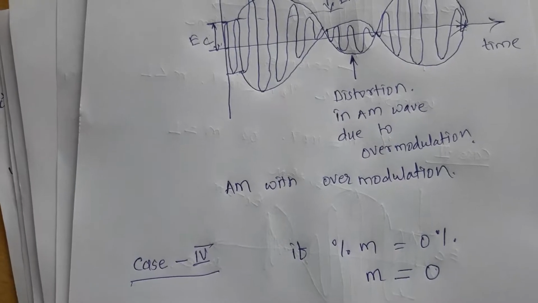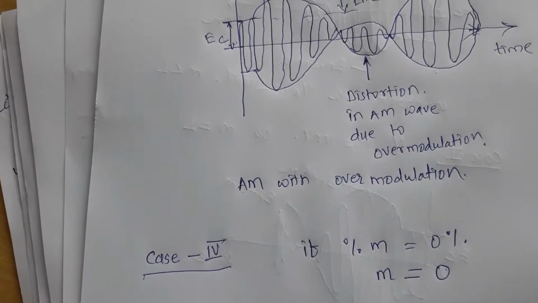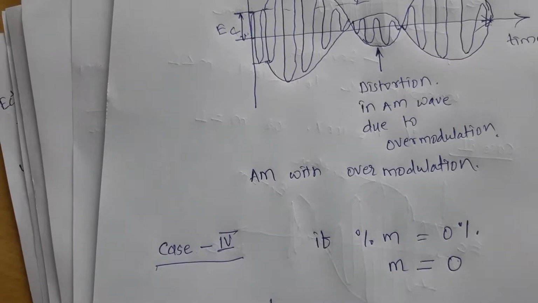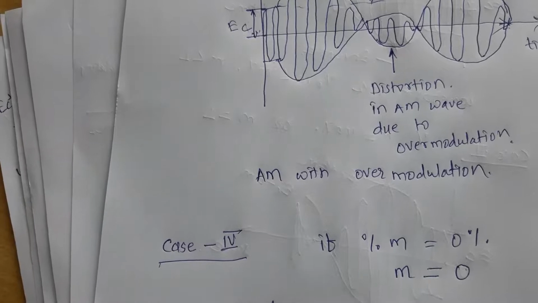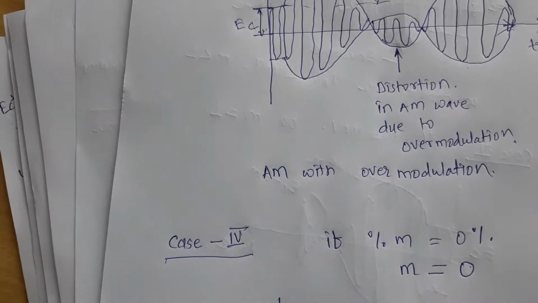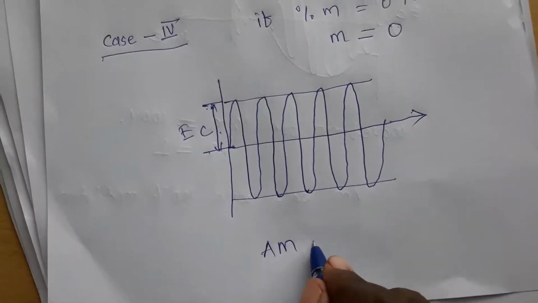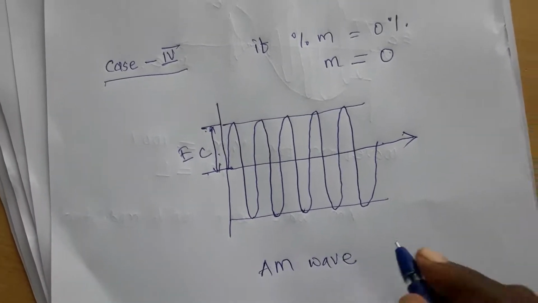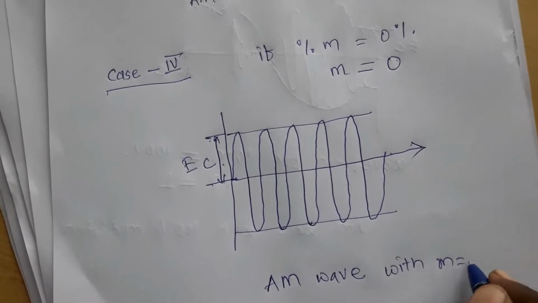The carrier does not change its amplitude with respect to the modulating signal. So what we observe is only EC, the unmodulated carrier, and the waveform is called an AM wave with m equal to 0.